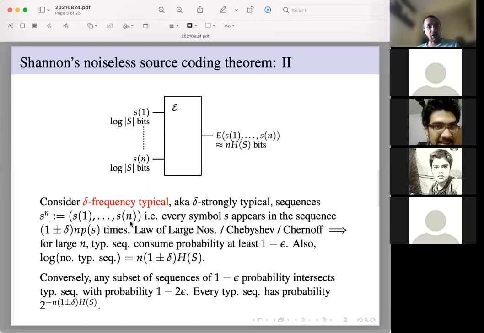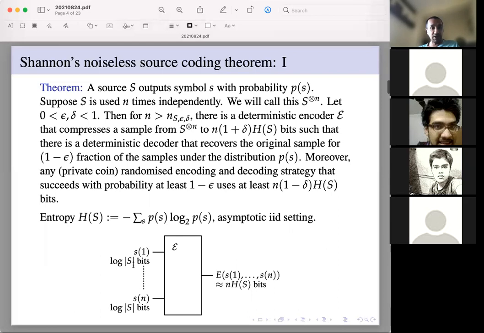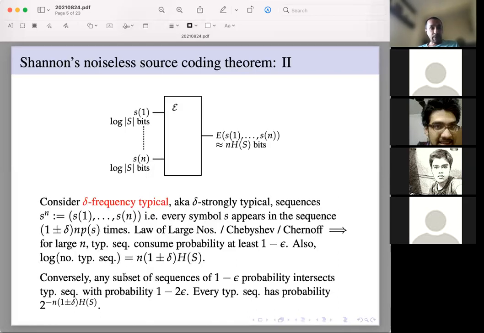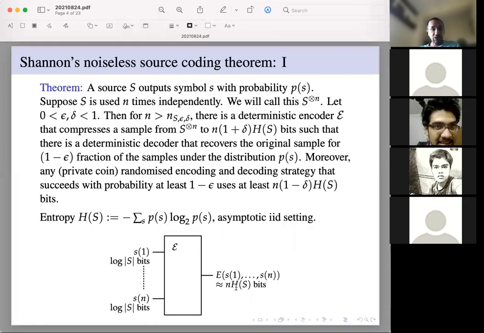So if you're looking at the log of the number of total sequences, that is n log |S|. That is exactly what we had at the input here, n log |S|. But the typical sequences are much fewer. It is not n log |S|, but something like n times H(s). And you can sort of see where this n times H(s) is coming from here.